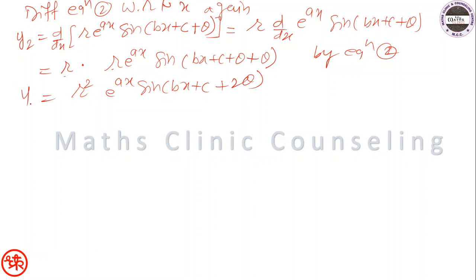This is y2. अब now you focus y2, 2 यहाँ पे, 2 यहाँ पे है. And now what is theta? Theta is equal to tan inverse of b by a, and r is equal to a square plus b square raised to the power 1/2.